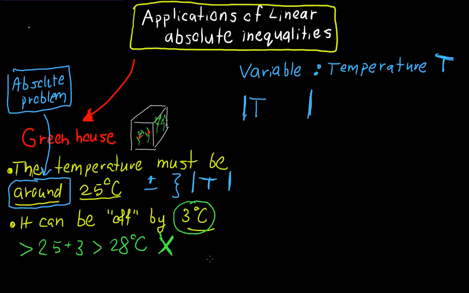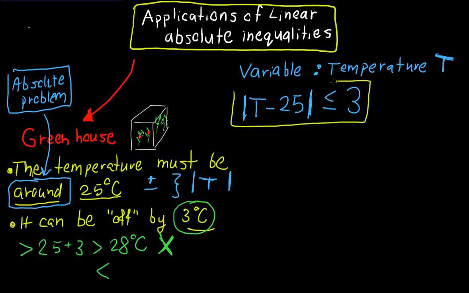So we're looking for the numbers that satisfy smaller than. The symbol we will use here, and I can include the number, is smaller than or equal to 3. And here we would have the T minus 25. And this is how we would represent our inequality.